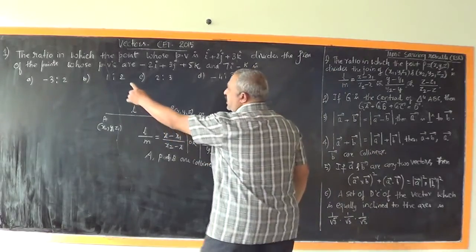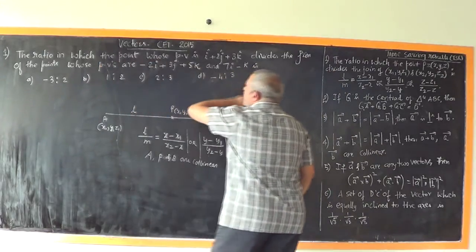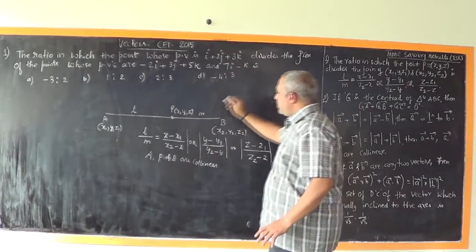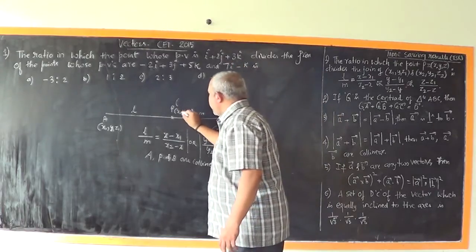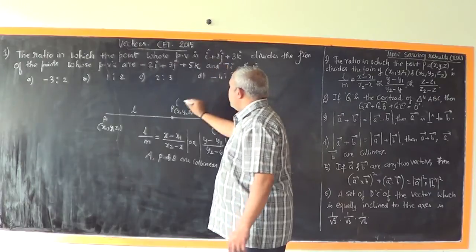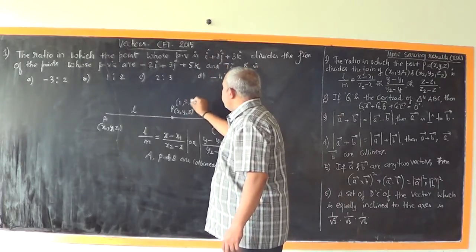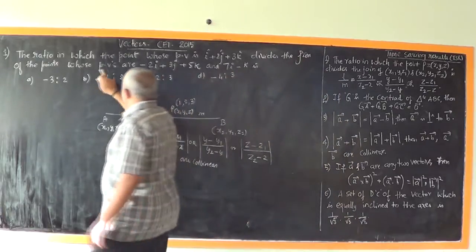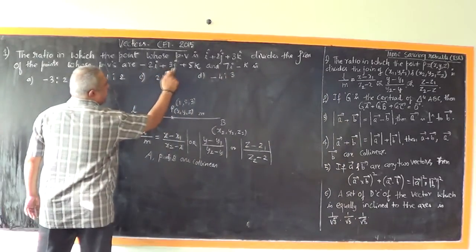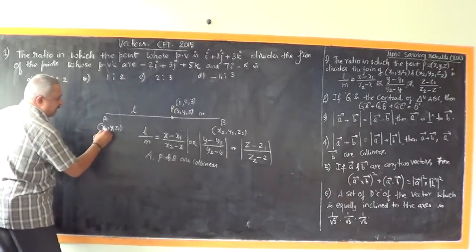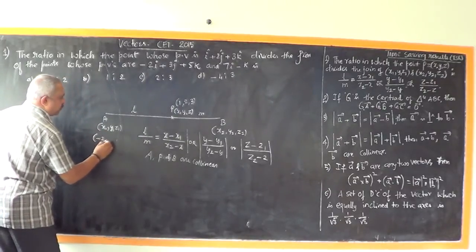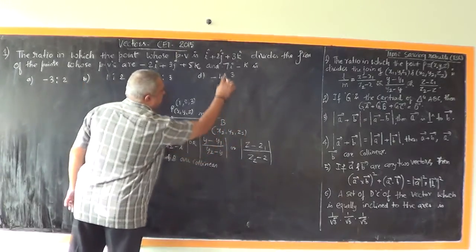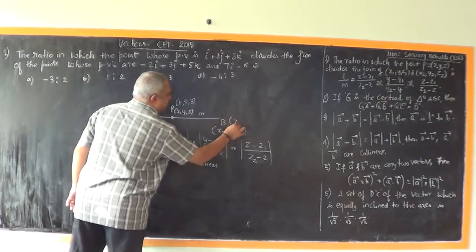Okay, it's very clear that the point whose position vector is i plus 2j plus 3k is going to divide. So I can take (x, y, z) as the point (1, 2, 3), and it is dividing the join of the points whose position vectors are minus 2, 3, 5, which happens to be our (x1, y1, z1), and (x2, y2, z2) is the point 7i minus k.